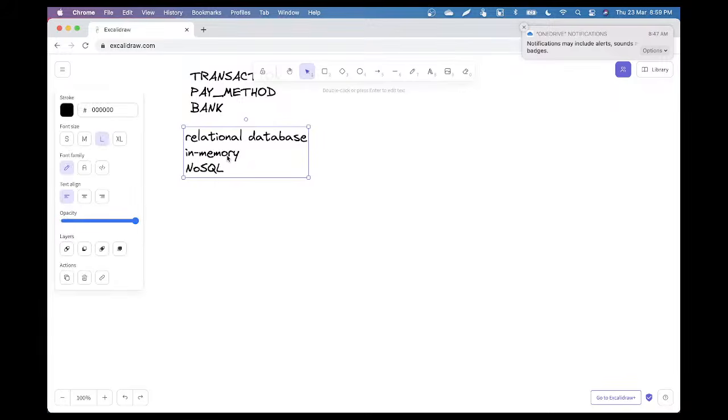Yes. Because yeah, you can ensure transactions in NoSQL databases also, but again it's about how easy it is, because relational databases are optimized for transactions, right?